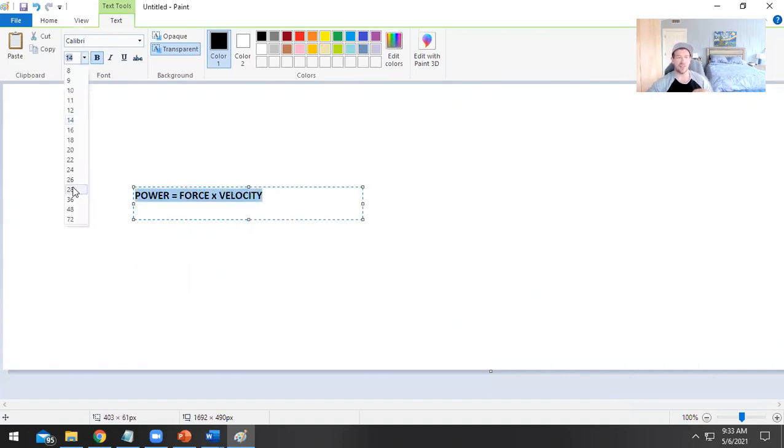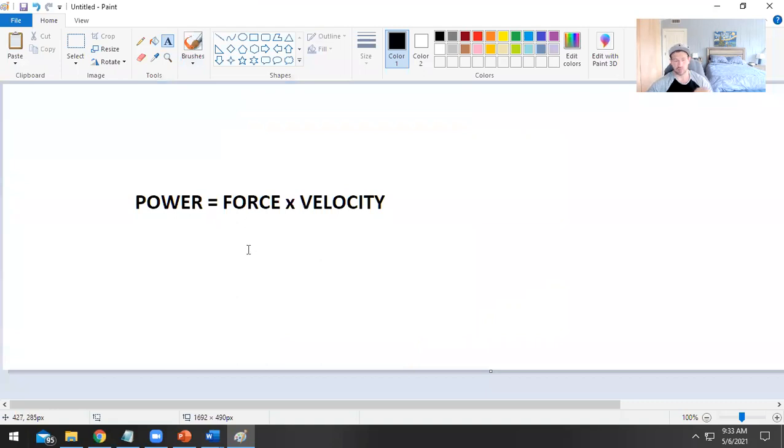So let's say we have a force of 100 pounds, right? 100 pounds moving at 1 mile per hour is not as powerful as 100 pounds moving at 5 miles per hour, right? Because your total power output of the first one would be 100 times 1, and your total power output of the second one would be 100 times 5.